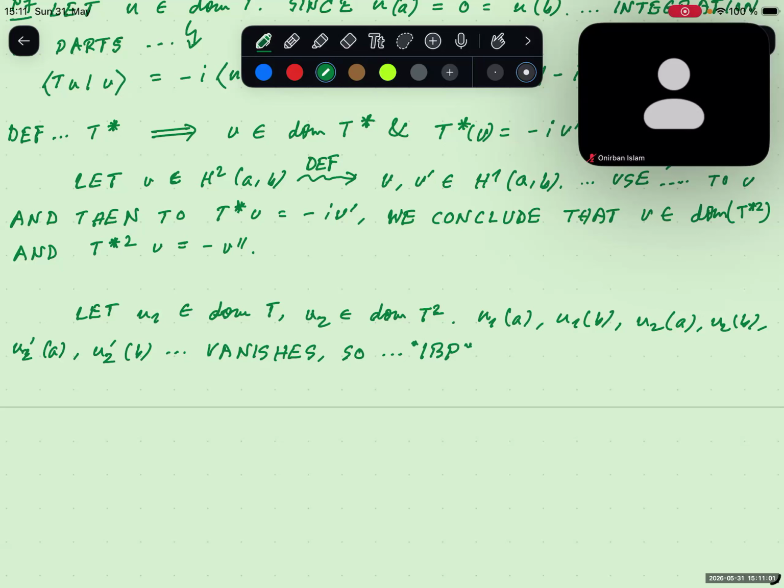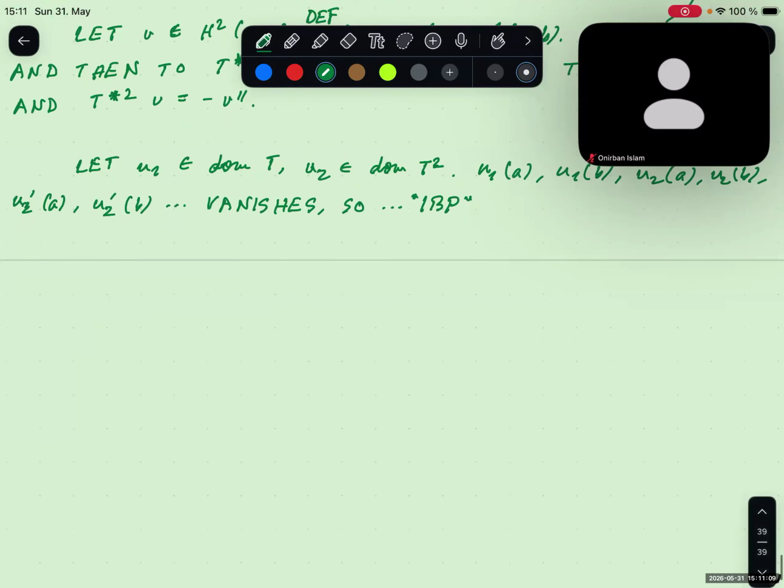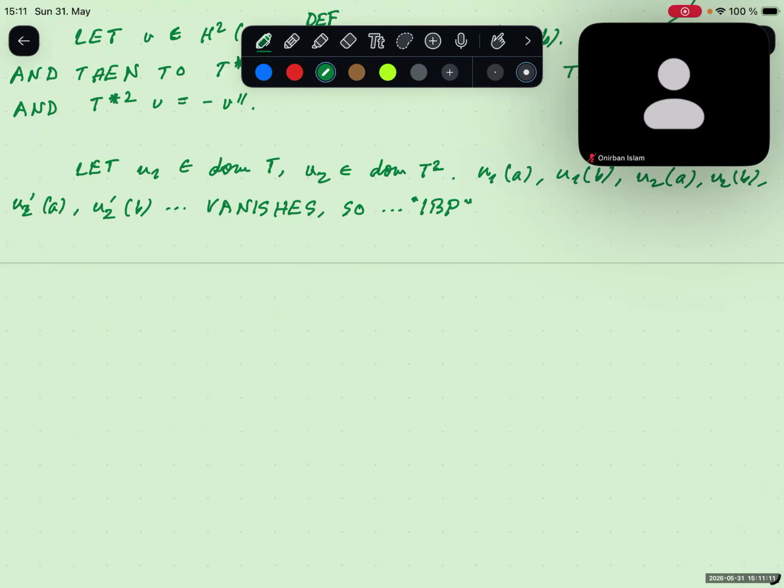Okay. So what we get if we apply integration by parts is the inner product of u1 with g1.